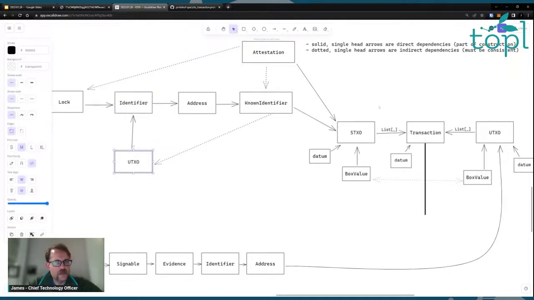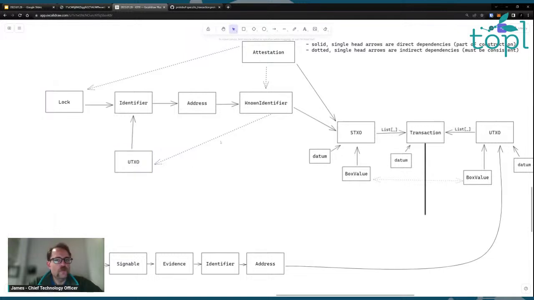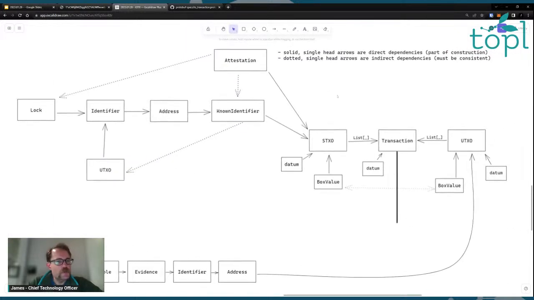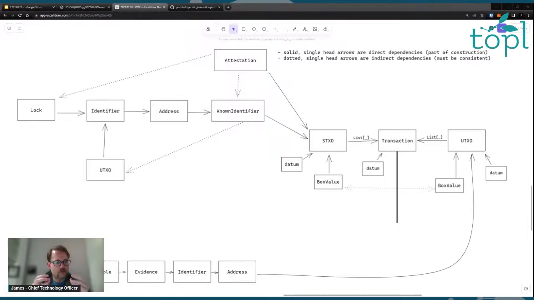So to make an STXO, you have to refer to a UTXO, but how you spend or consume a UTXO and convert it into an STXO is by providing this attestation. And an attestation is equated with a thing that we call a known identifier.